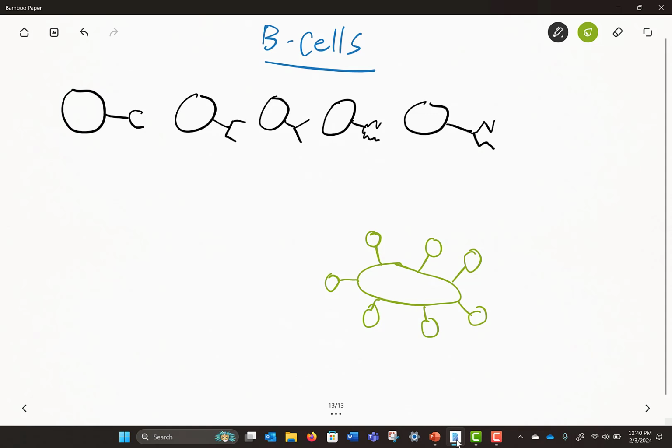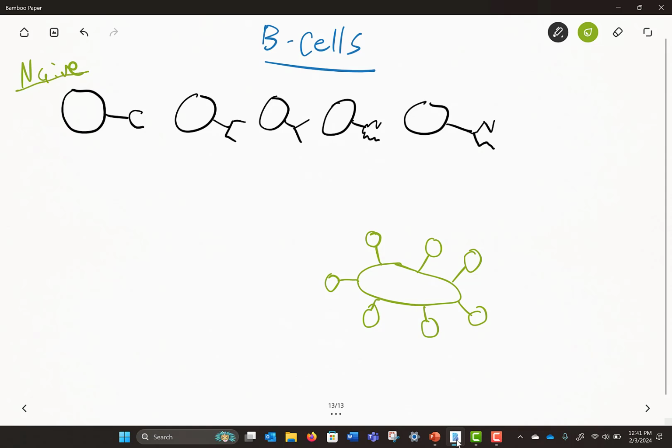For right now, let's talk about B cells. And across the top, I've got lots and lots of inactive B cells. These cells have not yet come into contact with their specific antigen. We say they are naive.